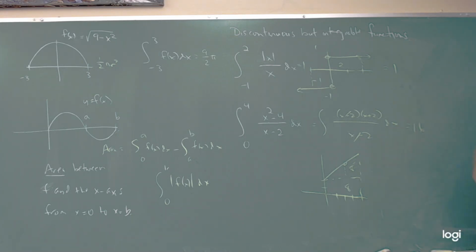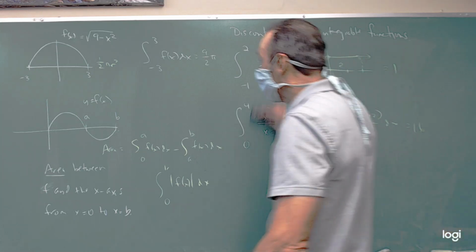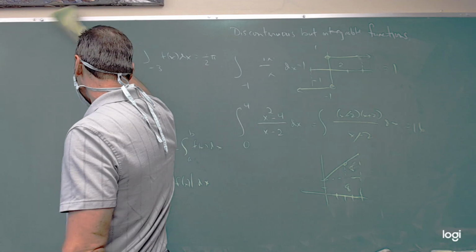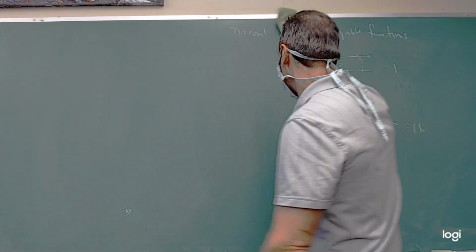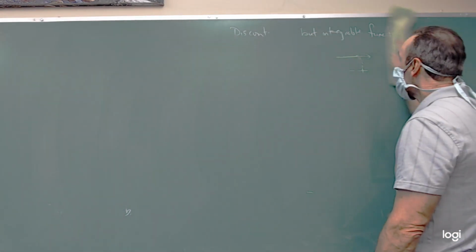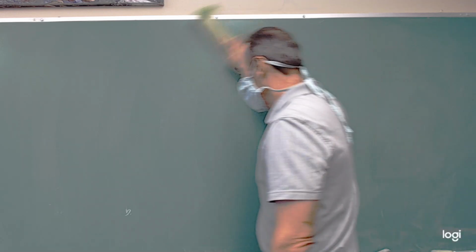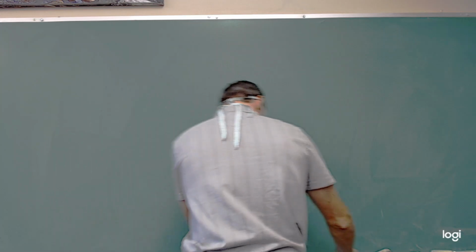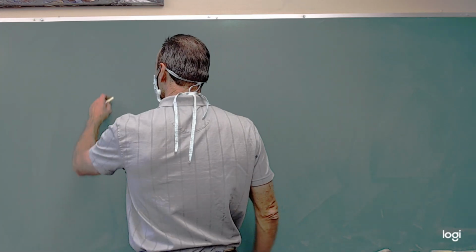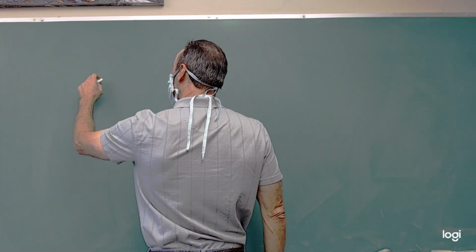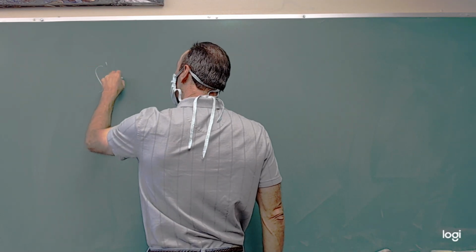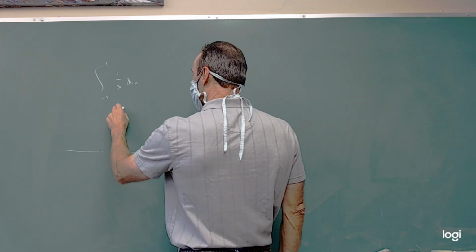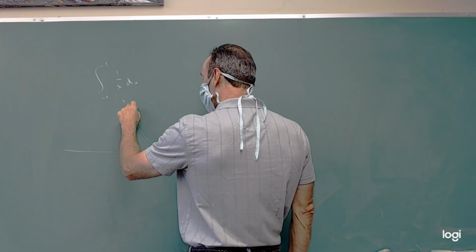Okay. Now, what's interesting, food for thought, where we're headed in this class, is what happens if we have something like a vertical asymptote. Suppose we wanted to take the integral from -1 to 1 of 1 over x dx, and you've got a vertical asymptote there.